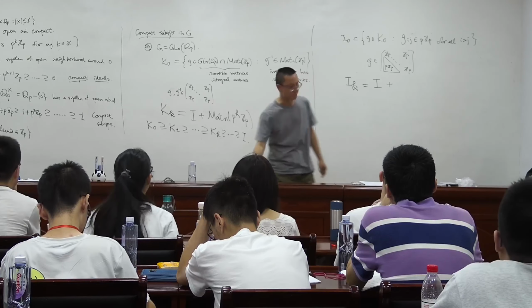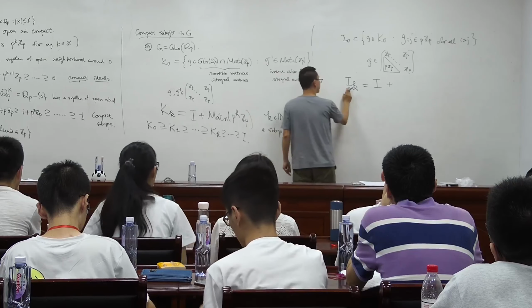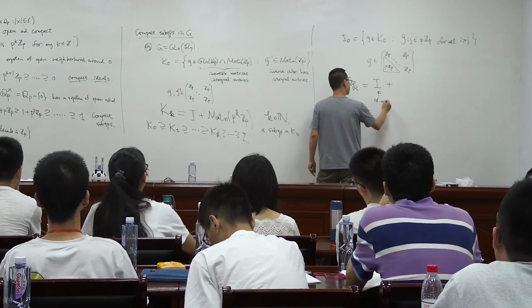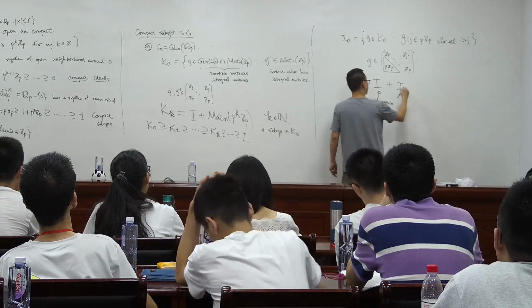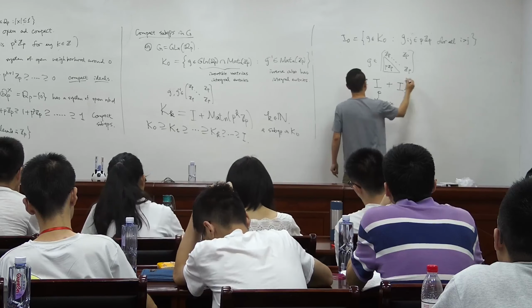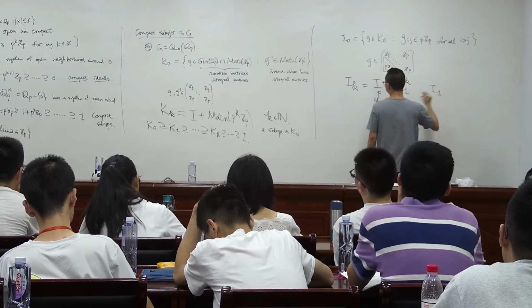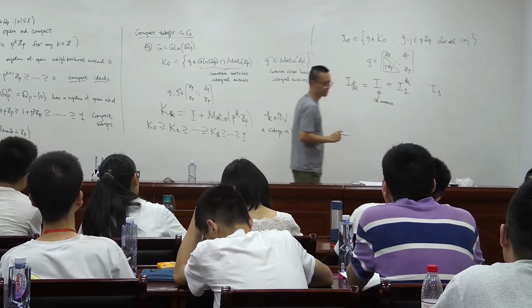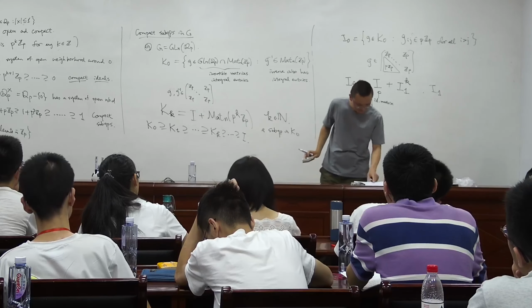Sorry, I use too many i's. I still use the symbol I, but this I is the identity matrix. Sorry, I mixed up my notations. Let me be careful.